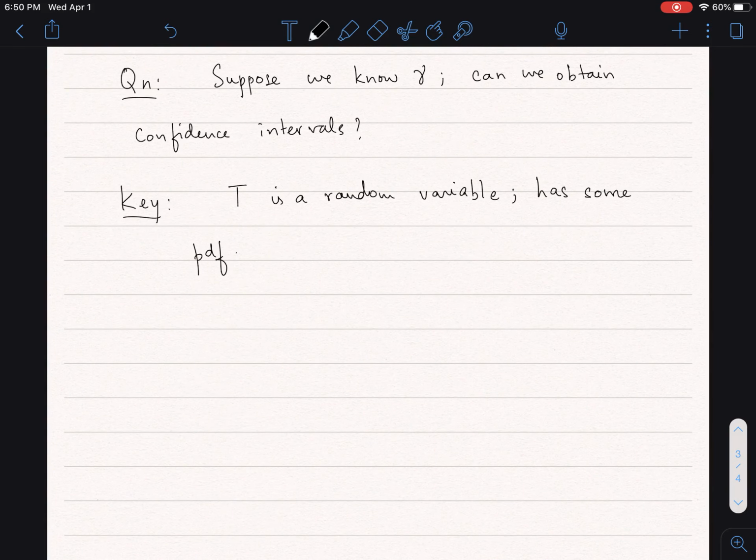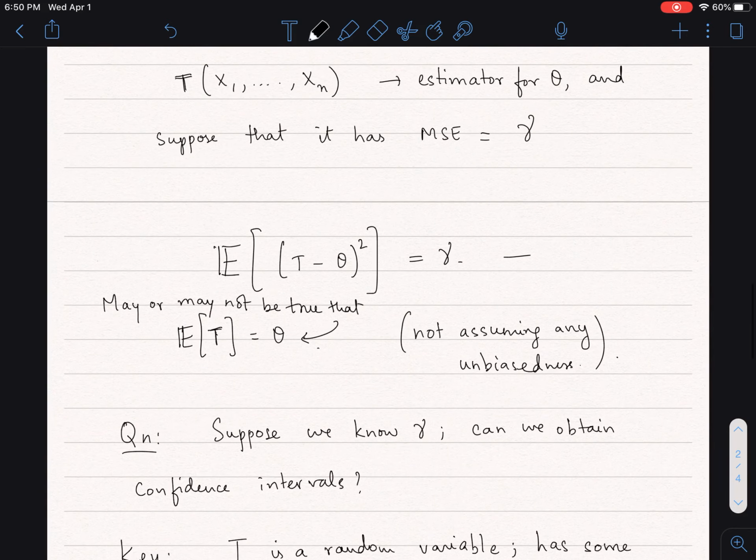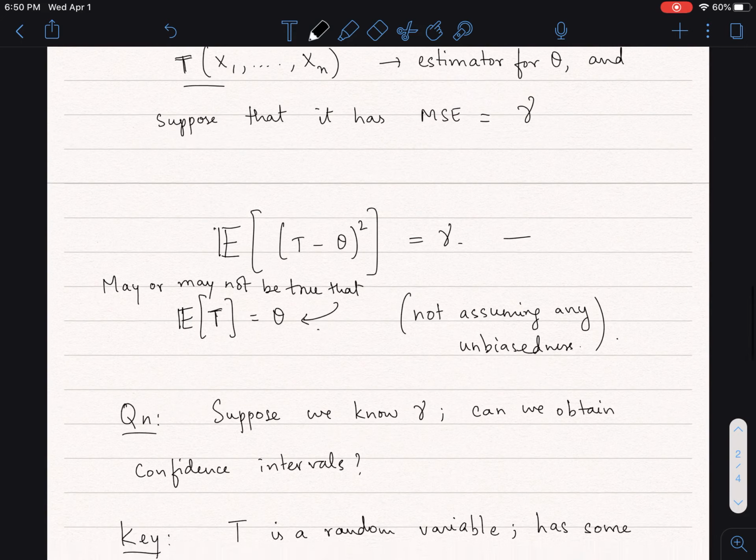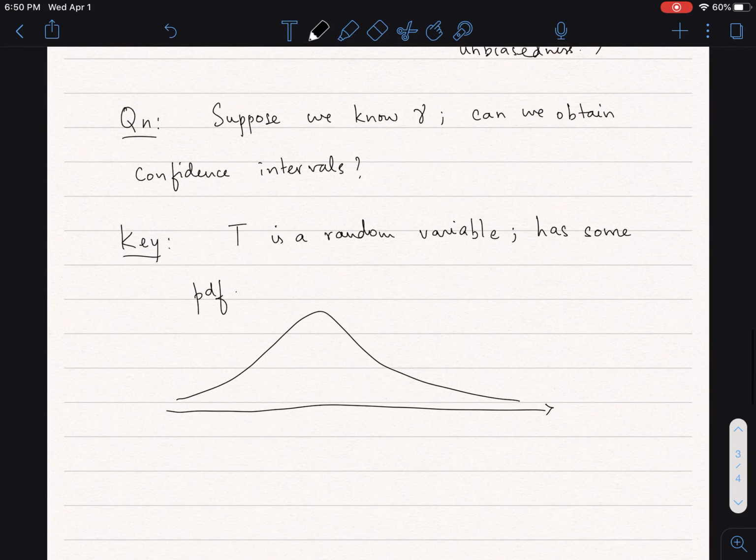If you want to think about how to obtain this distribution, think that you take many different such samples x1 through xn. For each one you compute t, and you see how this random variable is distributed. That's what we've always been doing. This is the PDF, and the x-axis represents the value of t.